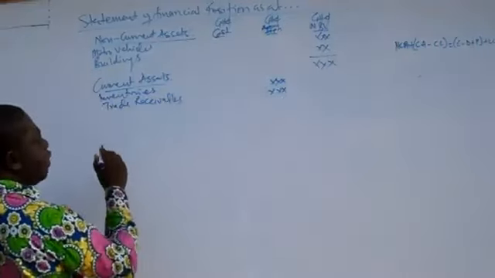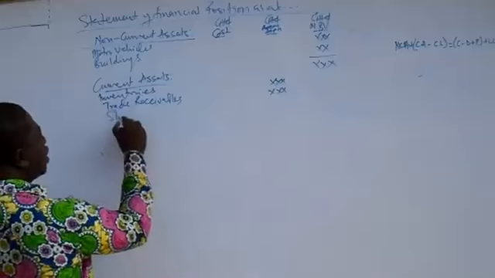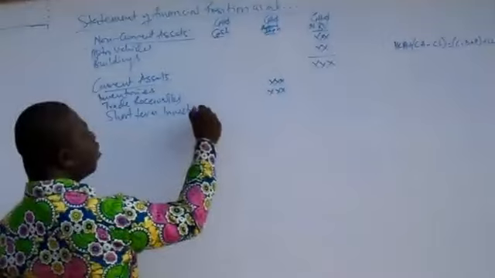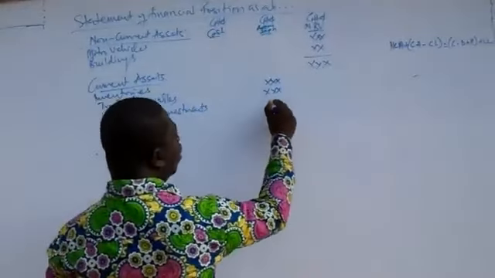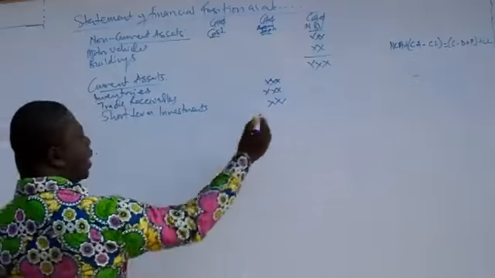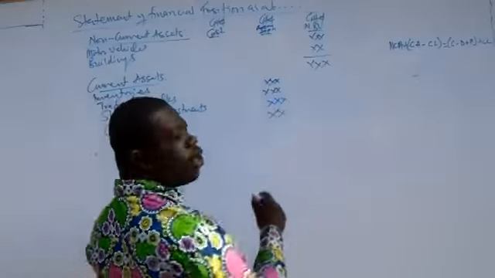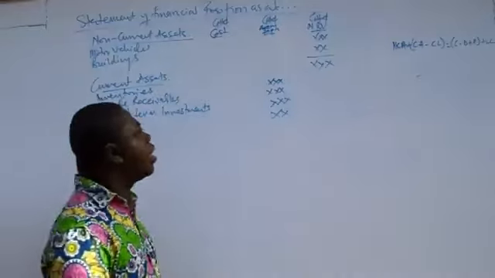And then if there are any short-term investments, that will also appear. And then your cash will come, which can be your cash in hand or your cash at bank. All right.